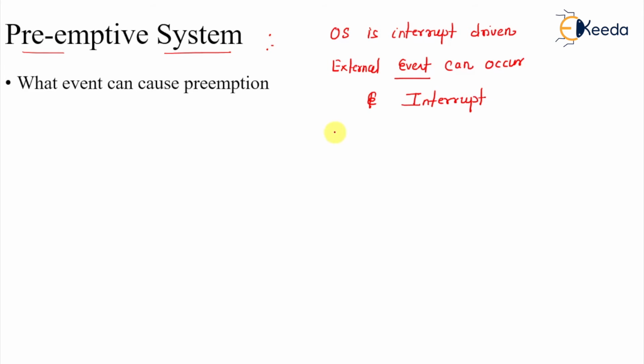And I told you what exactly happens when an interrupt occurs. During the interrupt we complete the current instruction, which is a repetition, and save the address of the next instruction.